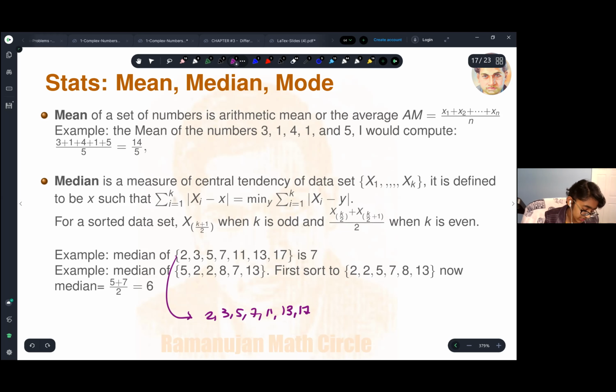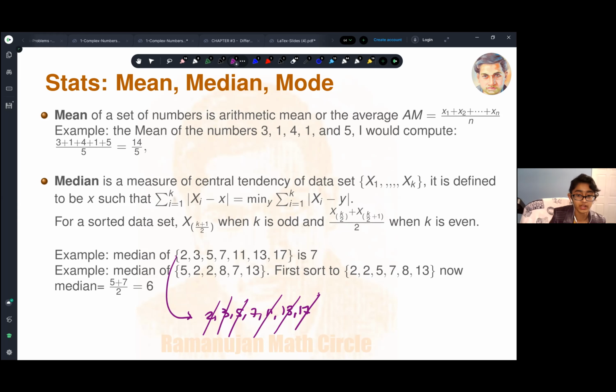The best way to calculate the median is to find the middle number. Once you put it in order, you use the cross method, sort of. You cross out the first, you cross out the last, then the next one from each side. Every time you cross one from the left, you cross one from the right, and just keep going in. Whatever you end up with is your median.